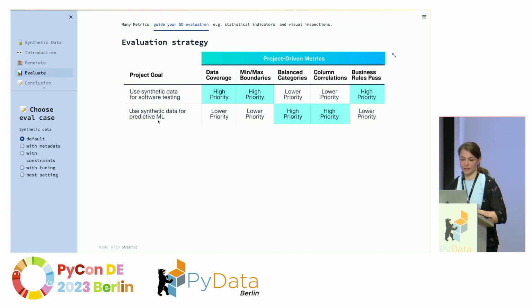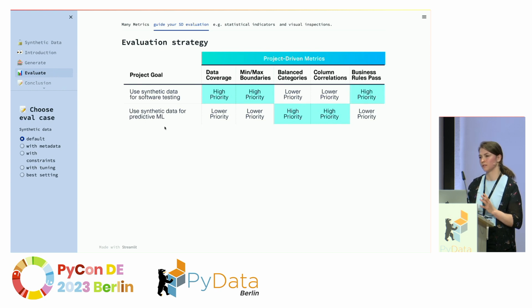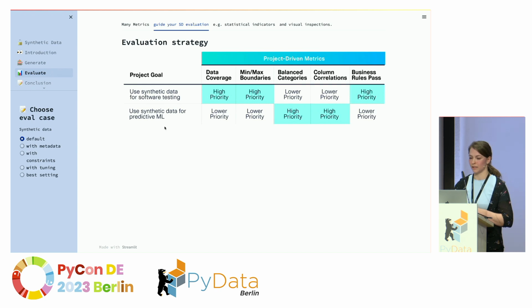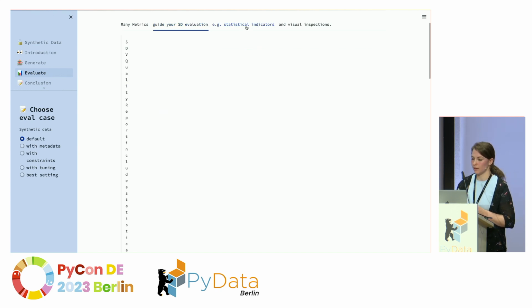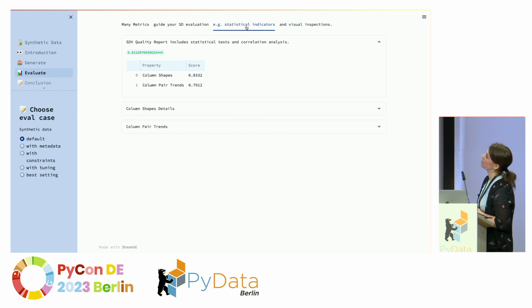So here you can, for example, see if you want to use it for ML applications, you will want the quality, like the distributional things, to be very well represented. If you use it for software testing, you have other priorities, and based on what your priorities are, you can choose a set of metrics catering to your needs. So, but let's look into our data that we had before.